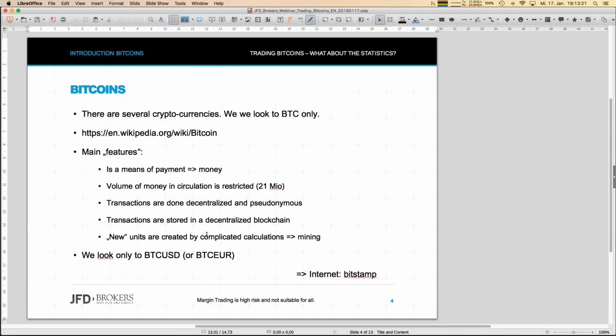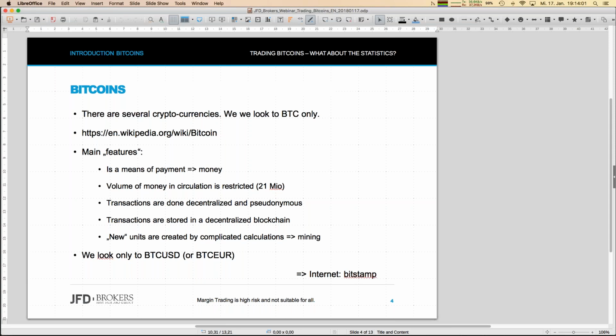It's stored around the world at several thousands of computers, and it's called pseudo-anonymous simply because one knows the Bitcoin account behind, but one does not know the name behind that account. So in principle, everything is open, and everybody could see any transaction from A to B to C to D, but you only know those valid account numbers, and so you don't know the persons behind.